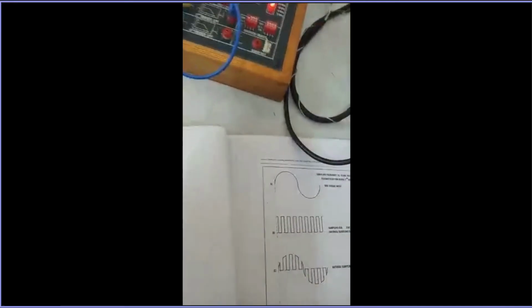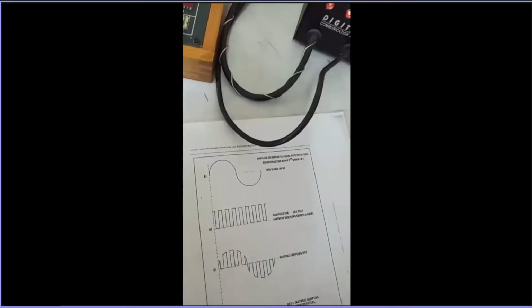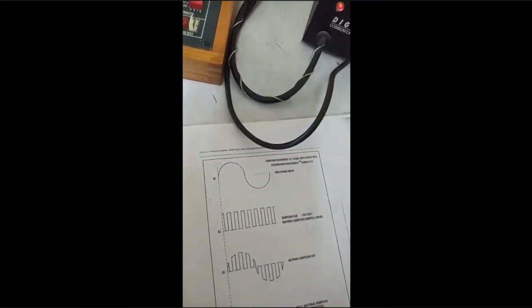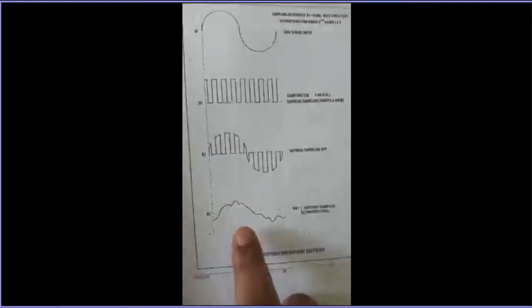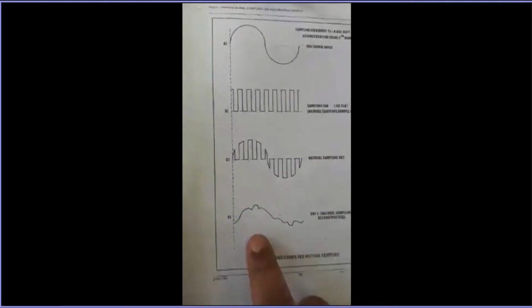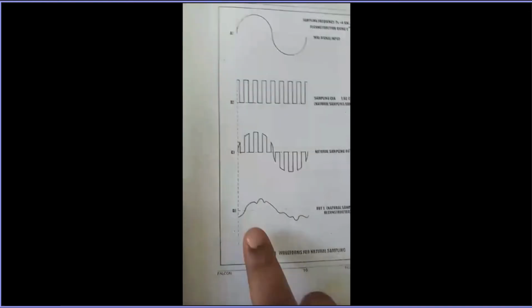Second order. Time partition change. Okay, so this is the expected reconstructed signal. You can see this is also not so good, right?